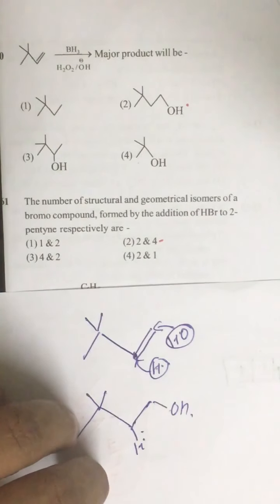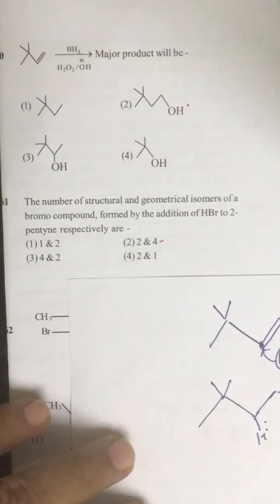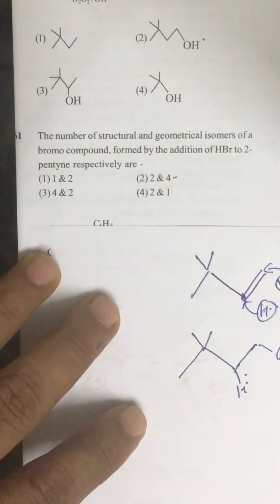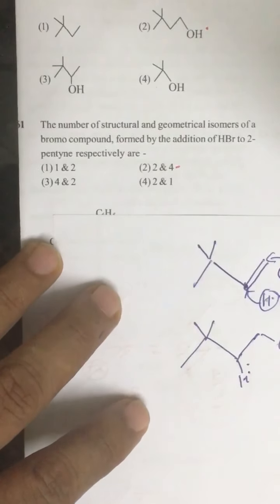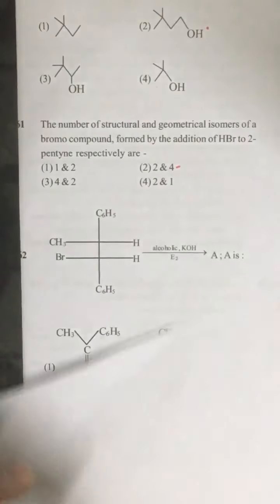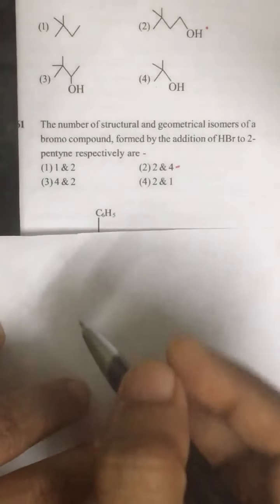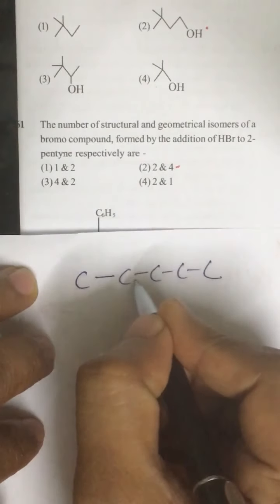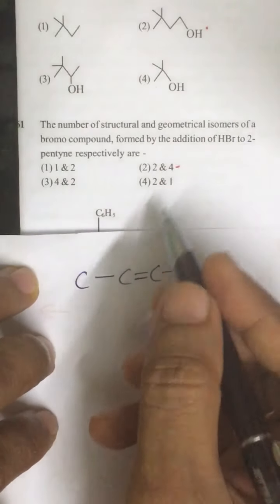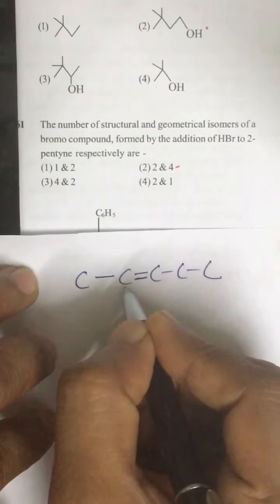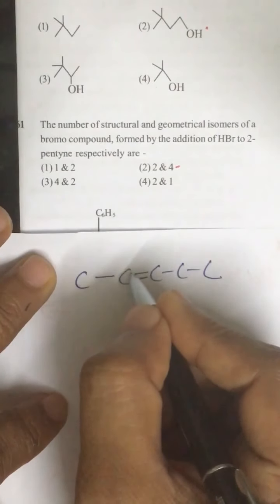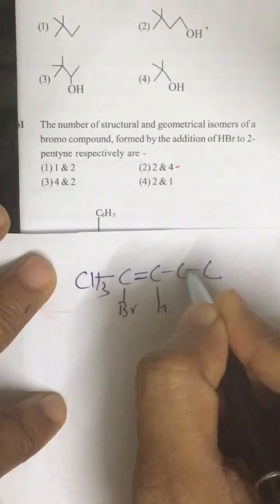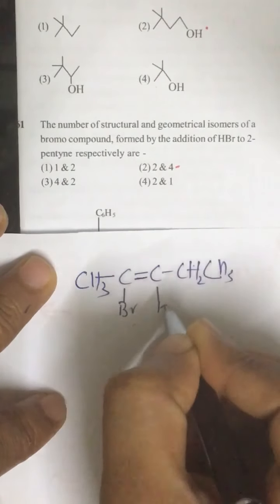Look at question number 61. The number of structural and geometrical isomers formed by the addition of HBr to 2-pentyne. Look at this case, 2-pentyne. This is 2-pentyne. Alright. And the addition of HBr. So it is H and Br, and we get this kind of product, Br and H. This is CH3, CH2 and CH3.